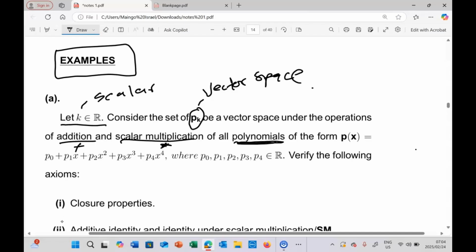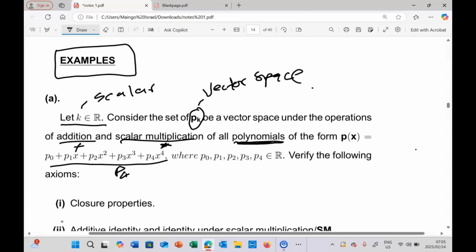So this is the polynomial of degree 4 and less. That means this is just P4. Specifically we are dealing with P4, the polynomials of degree 4 and less.